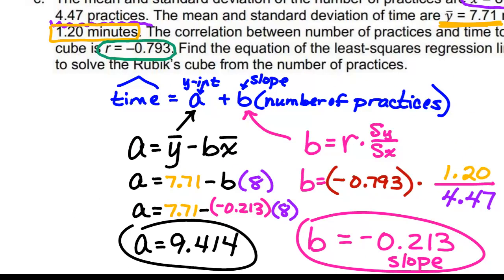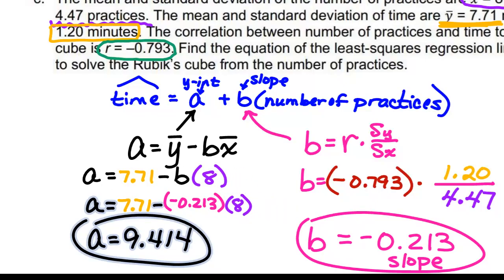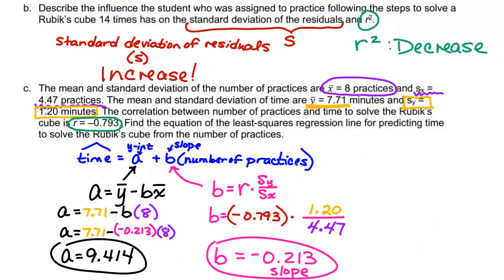So now I have my y-intercept. I have my slope. Do I have enough information to be able to write the equation of the least squares regression line? Yes. So let's go ahead and fill that in. We're going to write that in context.